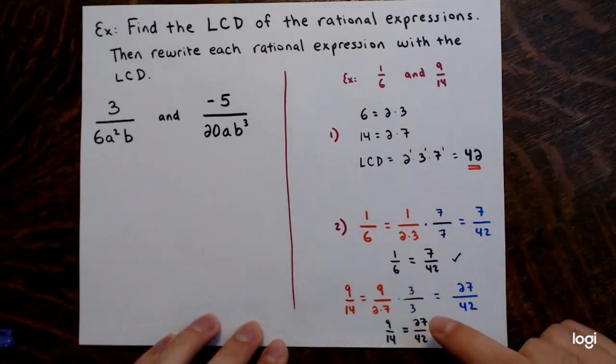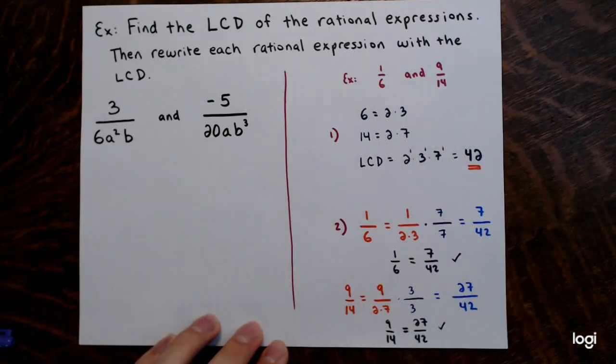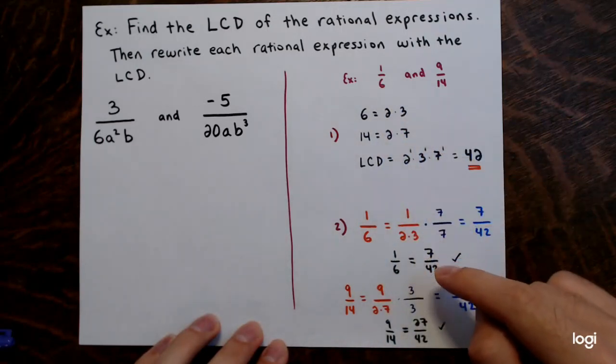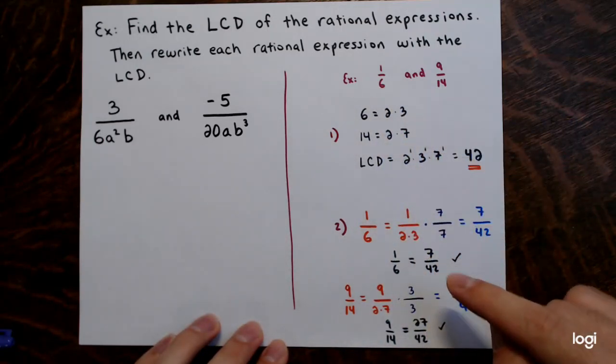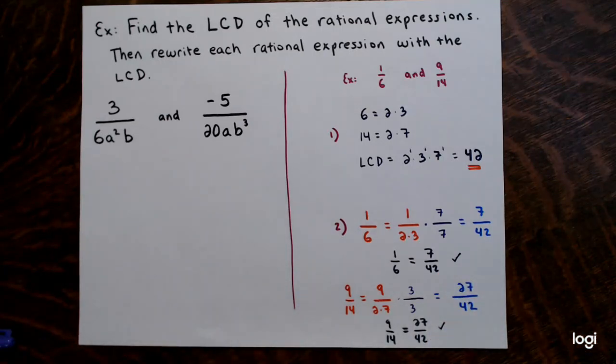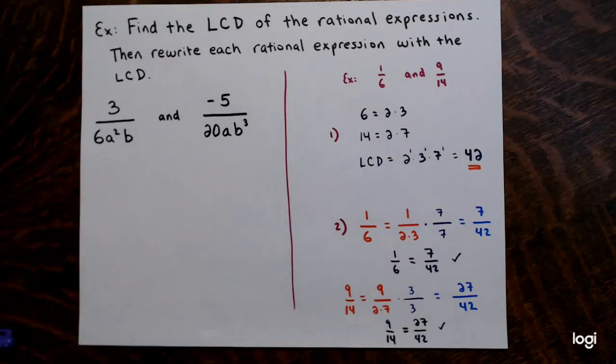We'd have to change them to these two fractions with the common denominator of 42. Same thing for subtraction. If I said what's 9/14 minus 1/6, we couldn't subtract them the way they look right now. They do not have the same denominator. We would have to change them to these equivalent fractions with a common denominator of 42. So that is the whole purpose of this objective, so that we can add and subtract these fractions later. All right, so back to my first example with some variables here.